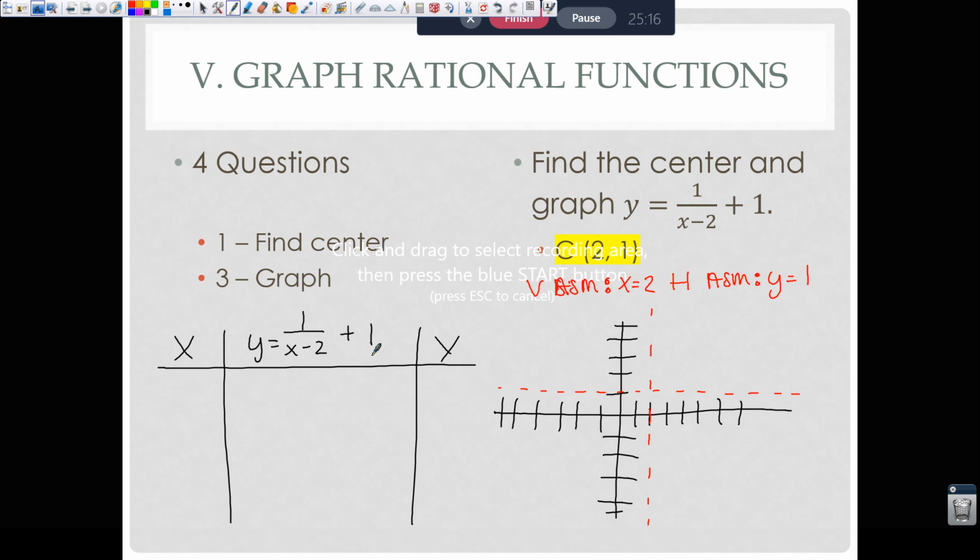So you want to pick them on either side, 1 and 3. So 1 over 1 minus 2 plus 1 equals negative 1 plus 1, which is 0. So this point's going to be at 1, 0.